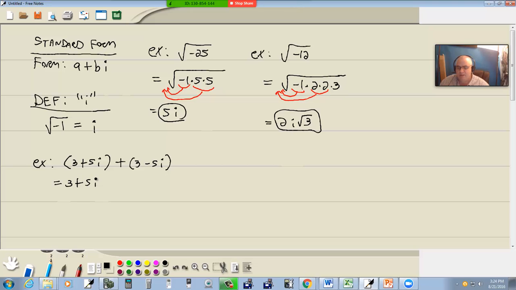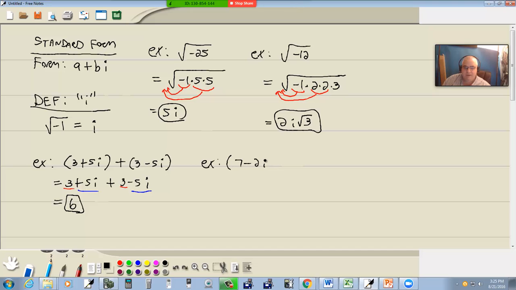So I got 3 plus 5i plus 3 minus 5i. The i is our imaginary part. If I think of them as variables, though, we would just combine like items. For example, 3 plus 3 is 6, and 5i minus 5i drops away. So that'd give us 6. So again, if this is 5x minus 5x, it drops away. Same idea with the i's.